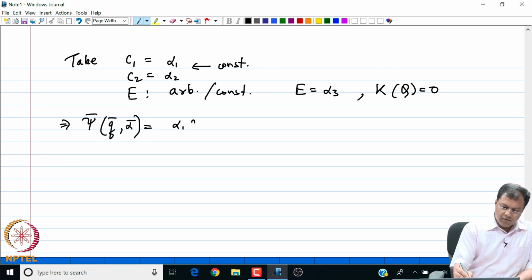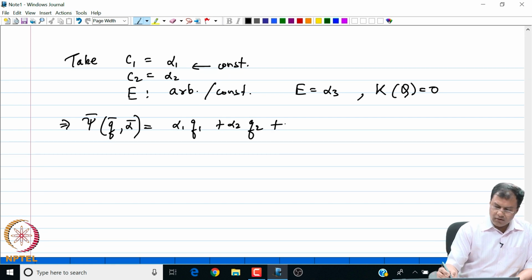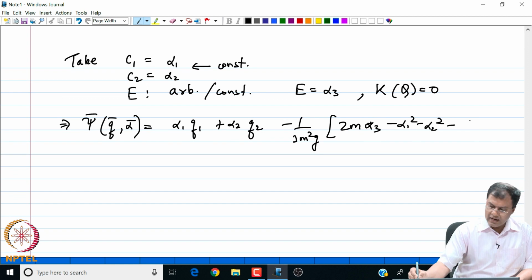This is alpha 1 Q1 plus alpha 2 Q2 plus minus 1 by 3 m square g times gamma, times 3 by 2 of 2m alpha 3 minus alpha 1 square minus alpha 2 square minus 2m square g times Q3, to the power 3 by 2.